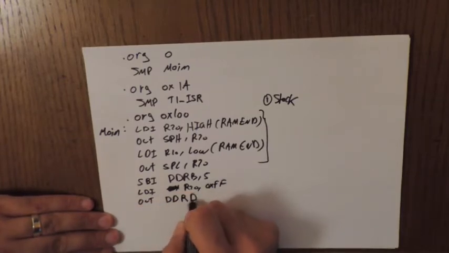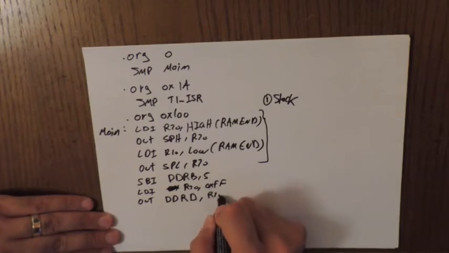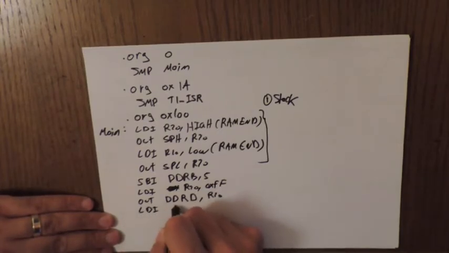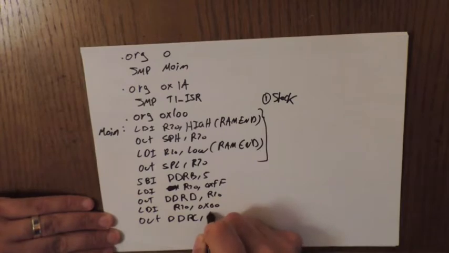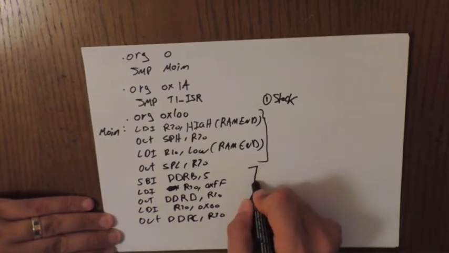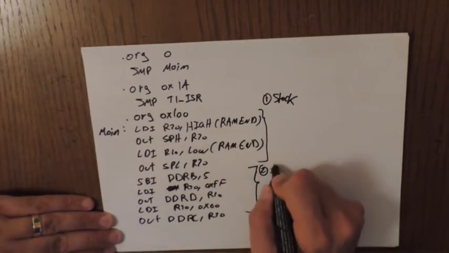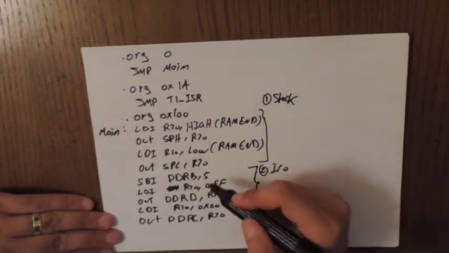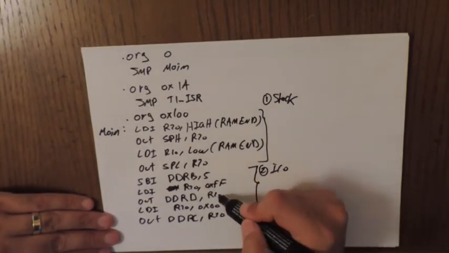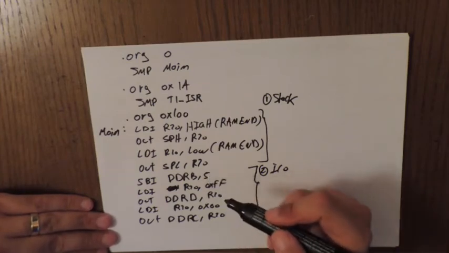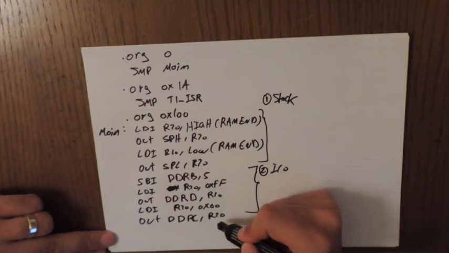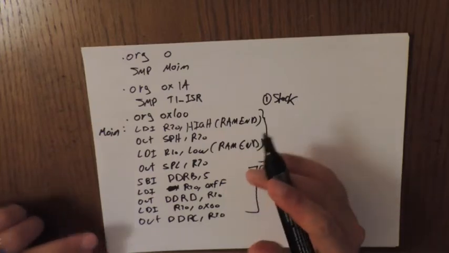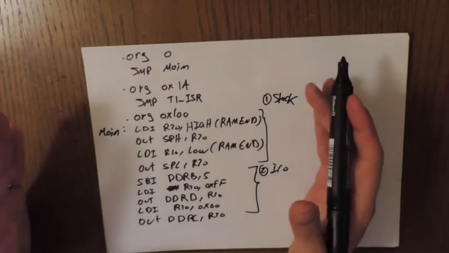So we want D to be output, and LDI R20, 0x00, out DDRC. So step number 2, work with the IOs. Here PB5 is output, port D is output, and port C is input. So this is just the case for the stack and the IO.